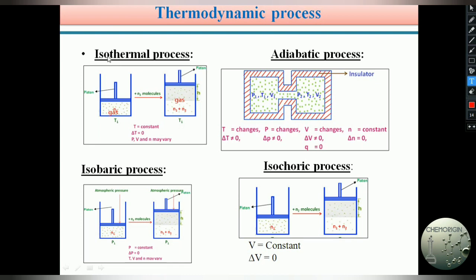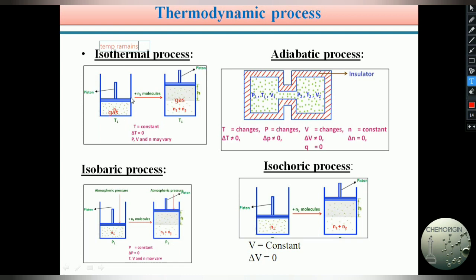An isothermal process is a process in which the temperature of the system remains constant. Other variables such as pressure, volume and chemical composition may vary.